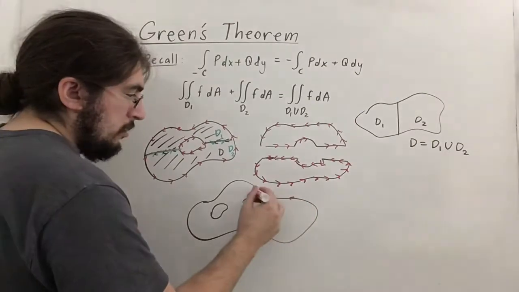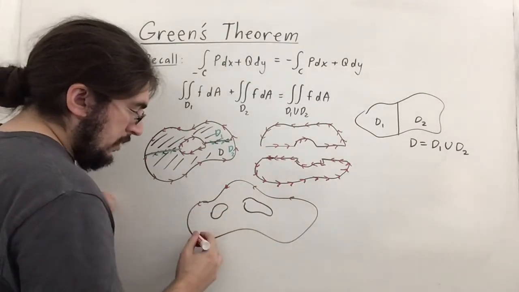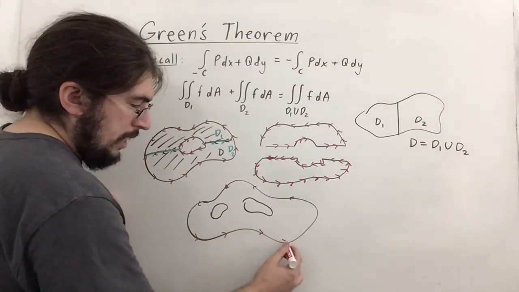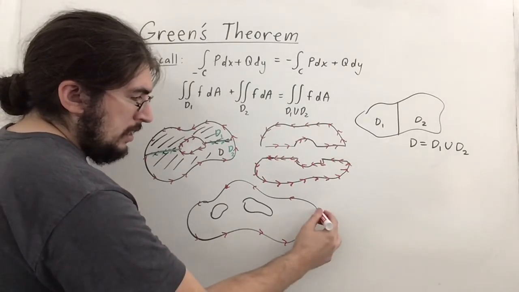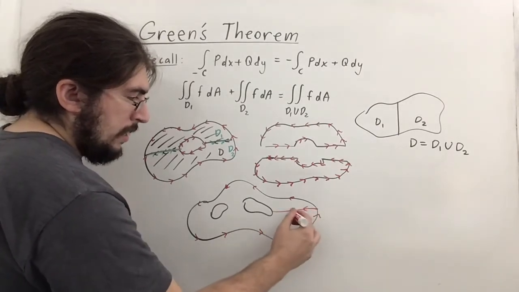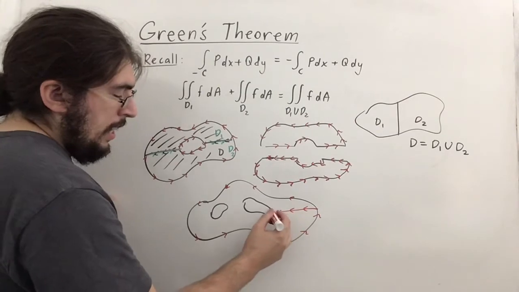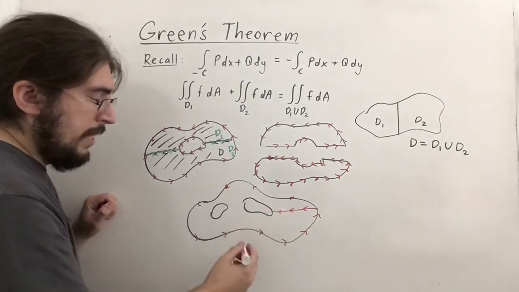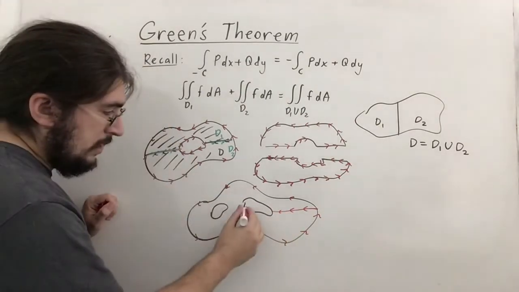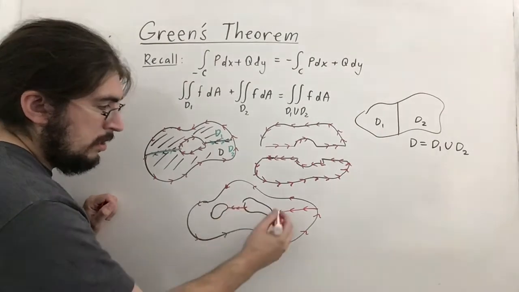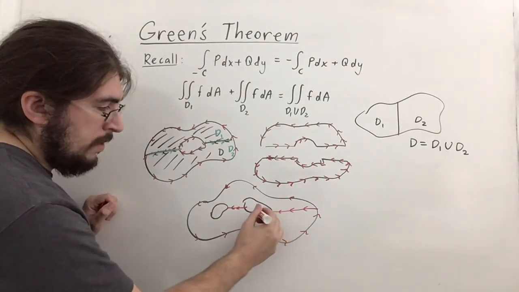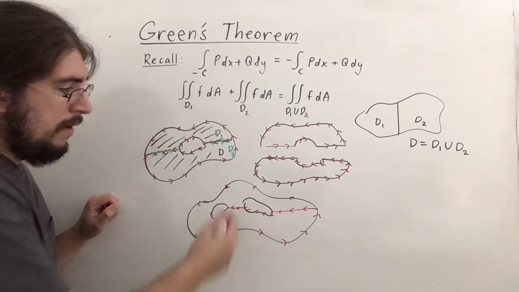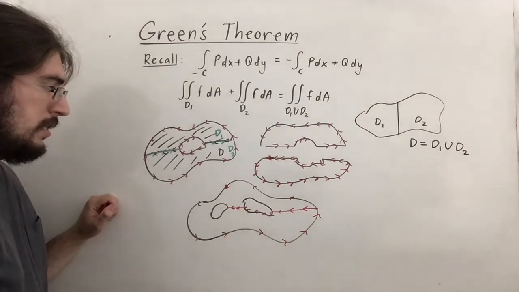So I'm not going to draw too many arrows here, but this is positively orientated, so counterclockwise on the outside. And then if we make an incision, let's say here, then we're going like this. And then we have to go either up or down, but then we have to continue like that. So if we go down below, then it's like this. If we go above, then it's orientated positively.